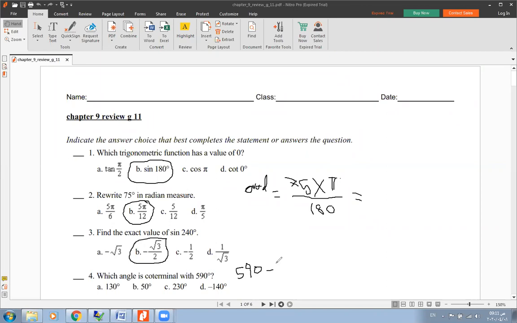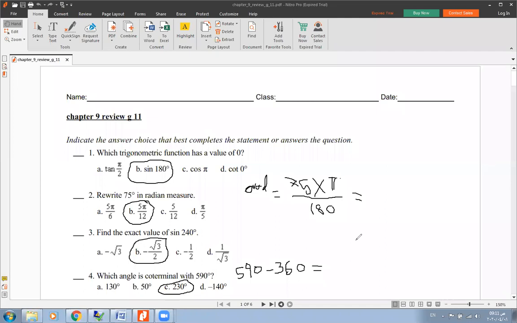590 minus 360 equals what? 230. So our result is letter C. To get the coterminal angle, we have two cases.